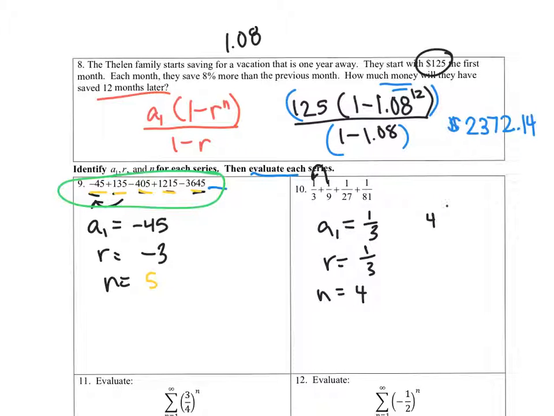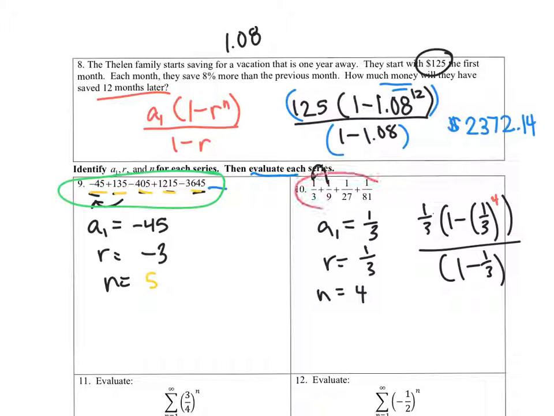So you could plug it into this formula, 1 minus, and if it's a fraction, you really should put this in parentheses, to the 4th power, times 1/3, all over 1 minus 1/3. Or it's probably just faster if you just add these up. There's not that many terms.